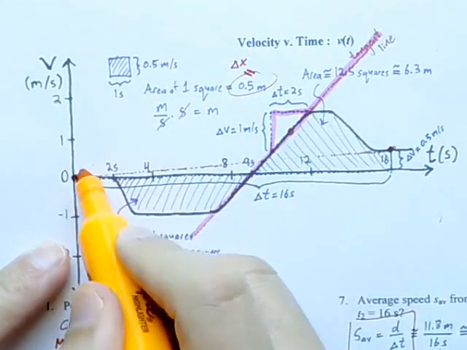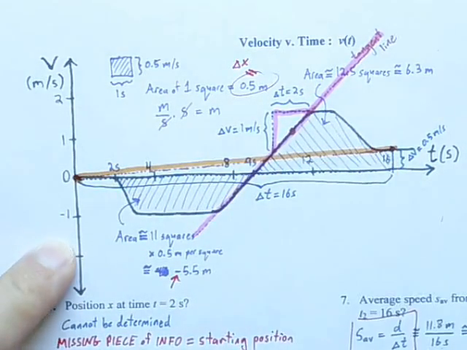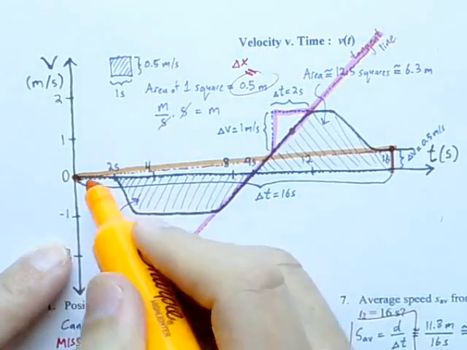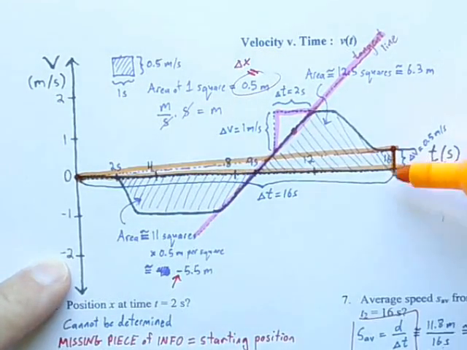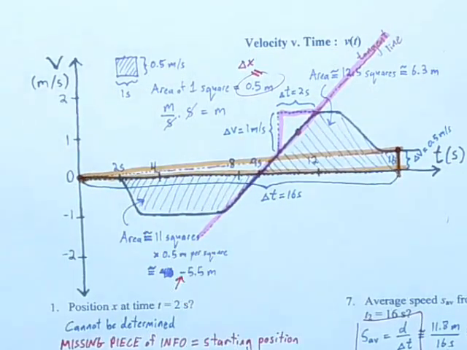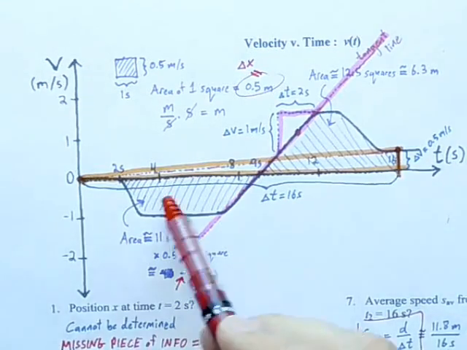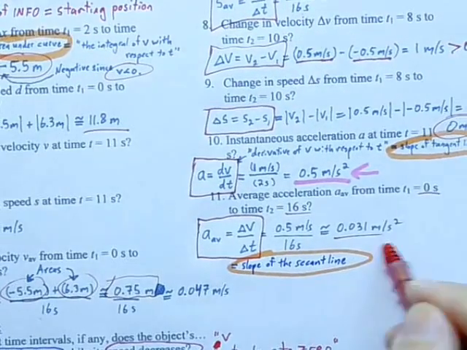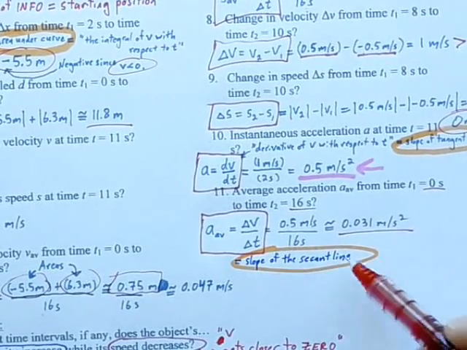So from 0 to 16 seconds, it's a very shallow slope on that line, but it makes the hypotenuse of a right triangle with this leg and that leg there. This leg represents your delta v. This leg is your delta t, so delta v over delta t is indeed our definition for average acceleration. So our delta v, half a meter per second over this delta t, giving us that value for our acceleration. Round off to 2 significant digits here, include units.